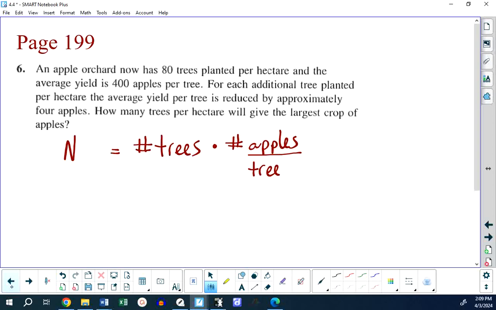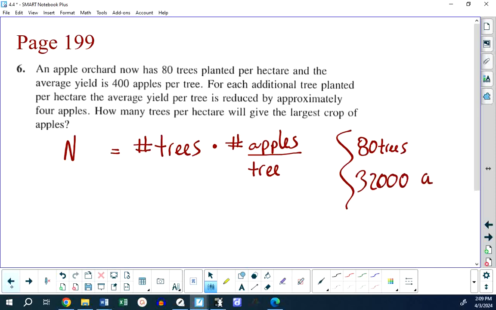There's no need to do this, but I just want to make sure that you understand what's happening here. If there are 80 trees, you get 32,000 apples, right?